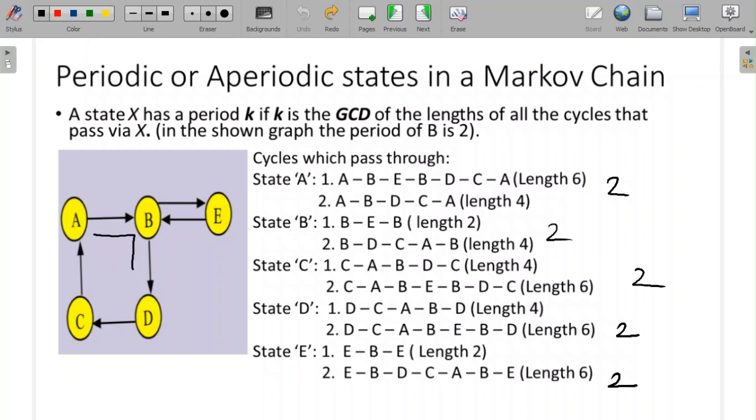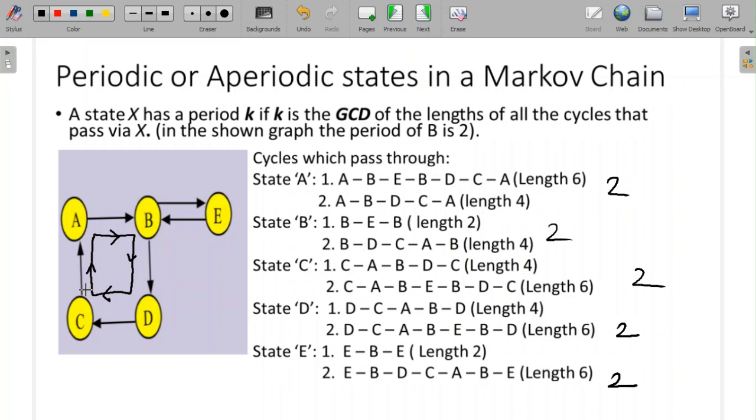So from A, I go to B, I go to D, I go to C, and I come back to A. So this is what I call a cycle. So using cycles, we define the period of a state. A state X has period K if K is the greatest common divisor of the lengths of all cycles that pass through the state.